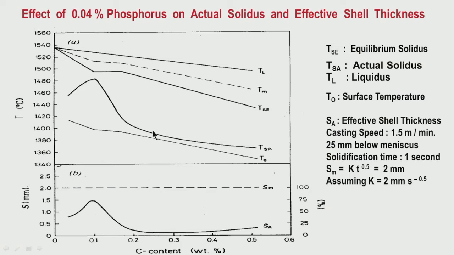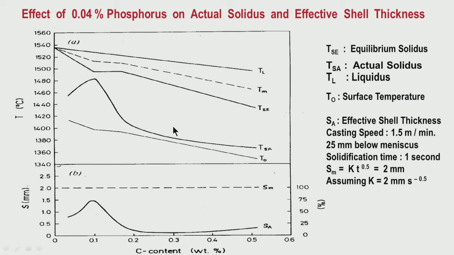So, the temperature interval between liquidus and actual solidus is increasing. This temperature interval was relatively less for 0.1% carbon, but for 0.2, 0.3, 0.4, you see the difference between the liquidus TL and the actual solidus is quite high.